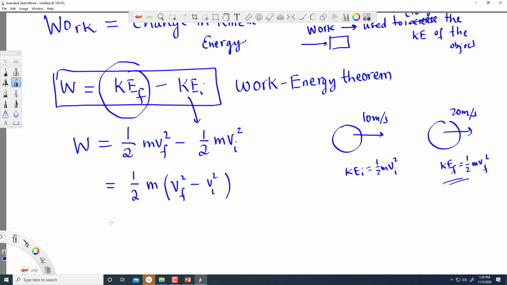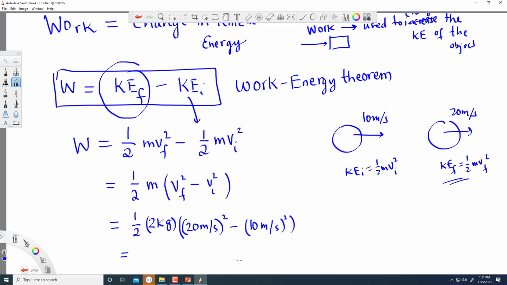So that is equal to 1/2. Now the mass of the object is 2 kilogram, so write 2 kilogram. The final speed of the object is 20 meters per second, and we have a square there, so we need to square that, minus the initial speed, 10 meters per second, squared.